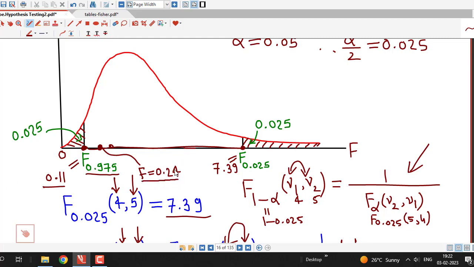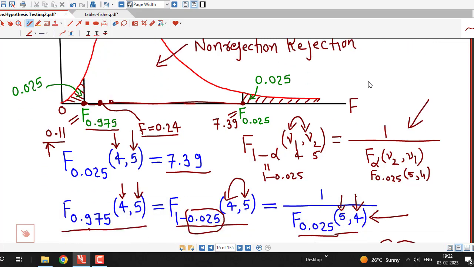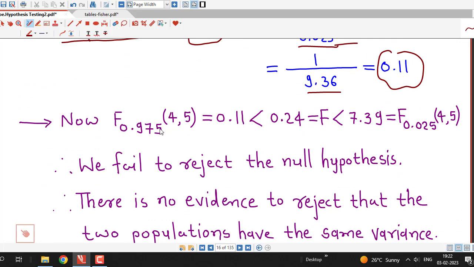The calculated value of the test statistic is greater than 0.11 and less than 7.39. Therefore we are in the non-rejection region, and therefore the conclusion is that we fail to reject the null hypothesis. So I have written here that this critical value F suffix 0.975 is 0.11, which is less than the calculated value of the test statistic, and this is less than this critical value, and therefore we are in the non-rejection region.